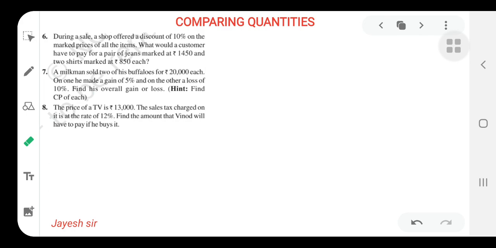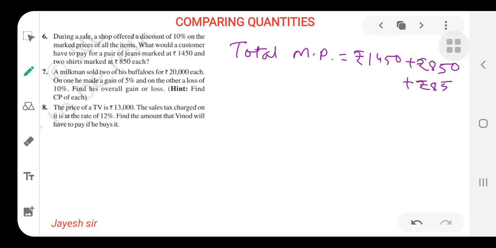So first of all we will find the total MP, that means rupees 1450 plus rupees 850 plus again rupees 850, because I have bought two shirts, and this is the cost of each shirt. So the total marked price that I am finding is rupees 3150. I hope you all might be getting it, friends.